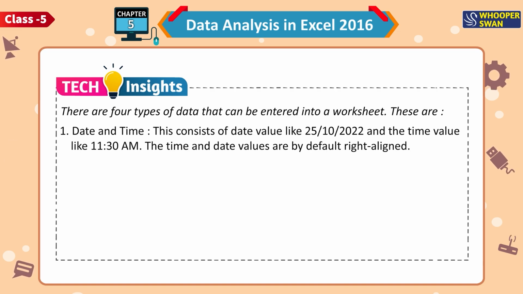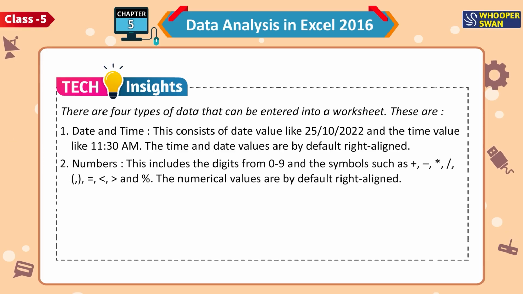Tech Insights. There are 4 types of data that can be entered into a worksheet. These are, first, date and time. This consists of date value like 25/10/2022 and the time value like 11:30 a.m. The time and date values are by default right-aligned. Second, numbers.